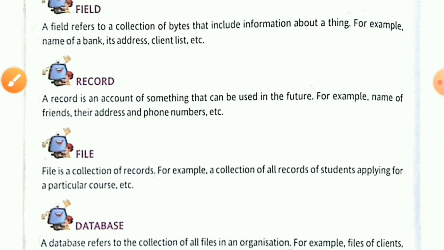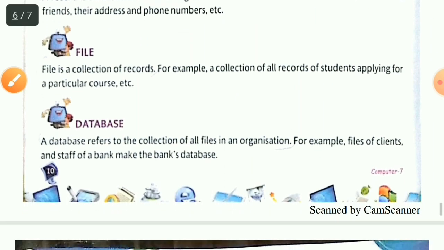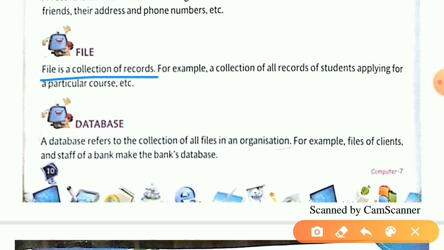Okay, now understand the second last one, that is your file. See, a file is a collection of records. For example, a collection of all records of students applying for a particular course, etc. Basically when you are maintaining a file, these are your records.